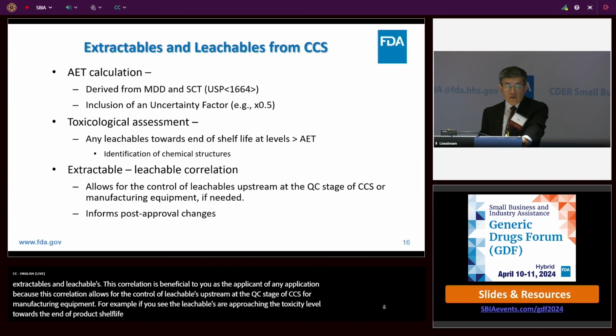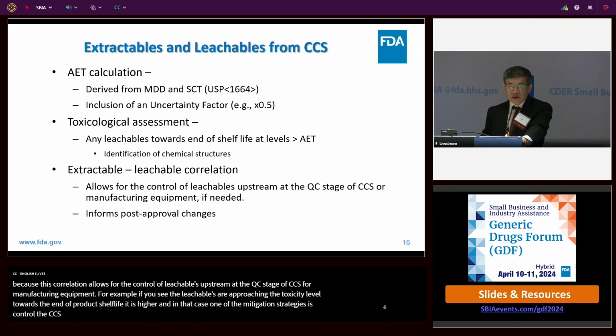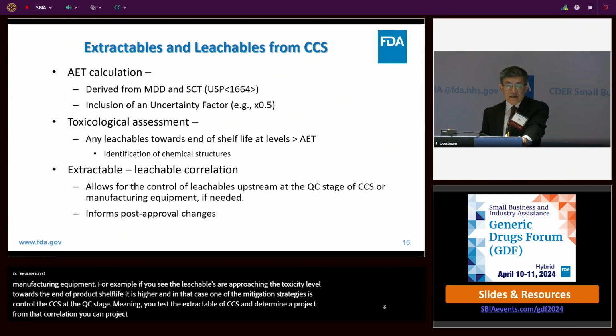In that case, one of the mitigation strategies is to control the CCS at the QC stage, meaning that you test the extractable of CCS when you receive a lot of CCS, and from that correlation you can project what the leachable level will be in the product and decide if you want to accept that lot of CCS for manufacturing or reject it.